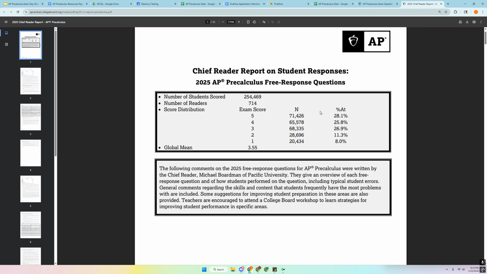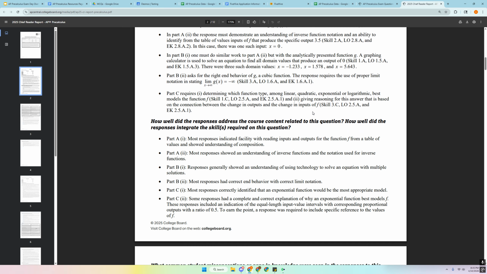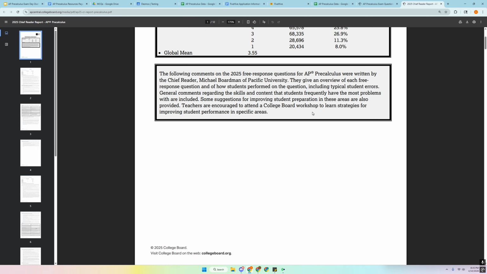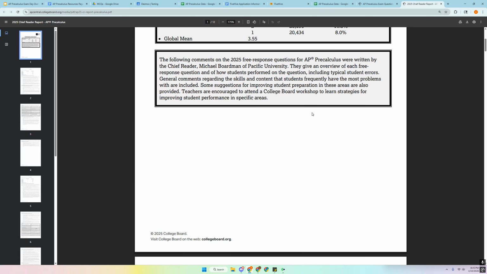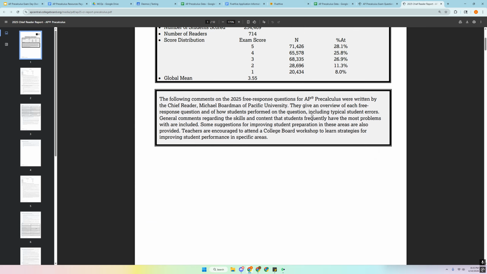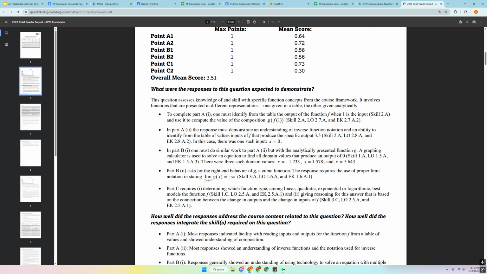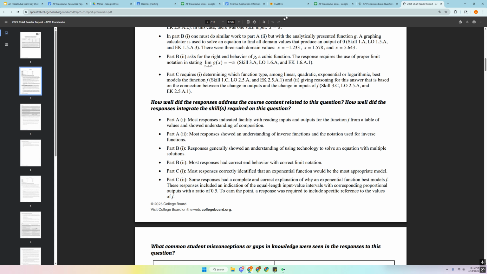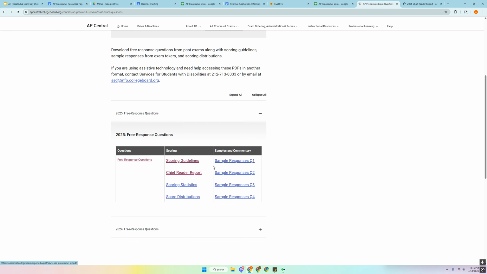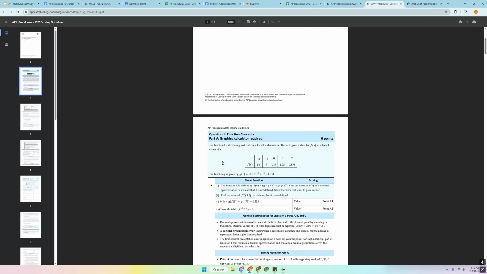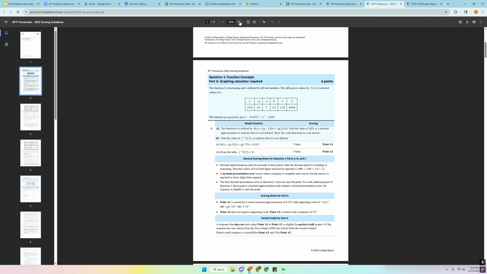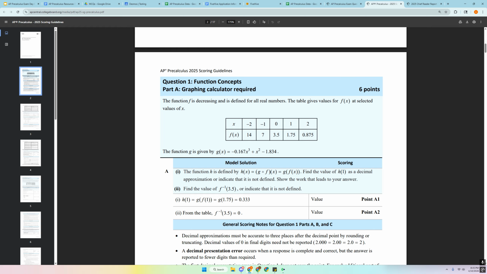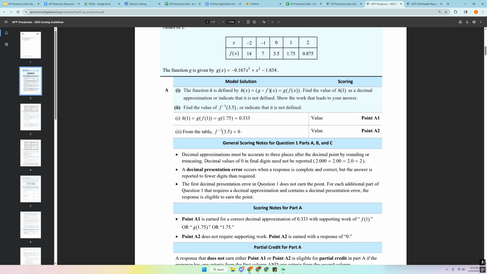So, what do you want me to do, just go through the 12 pages, or what do you want me to do with the chief reader report? The FRQs? Okay. Like the scoring stuff? Yeah, so you want me to go over scoring guidelines like these? I'm assuming this is what you mean. Probably. Close enough.